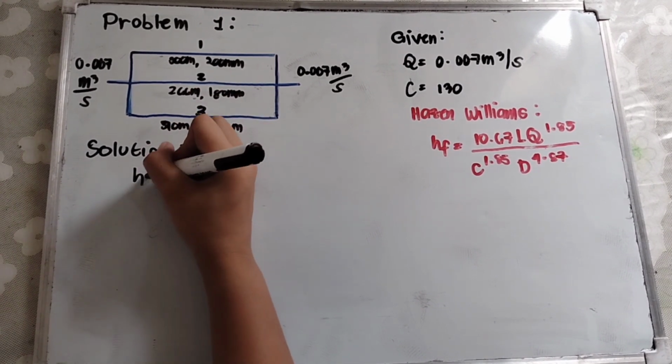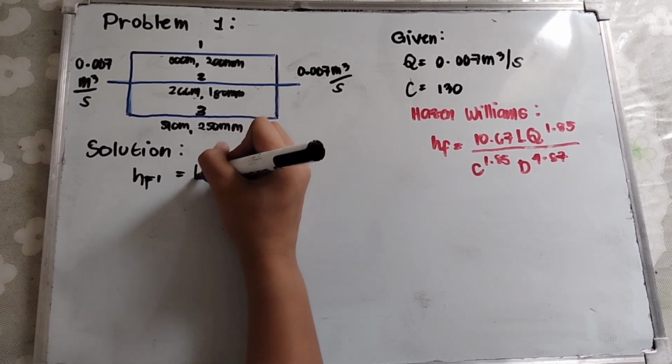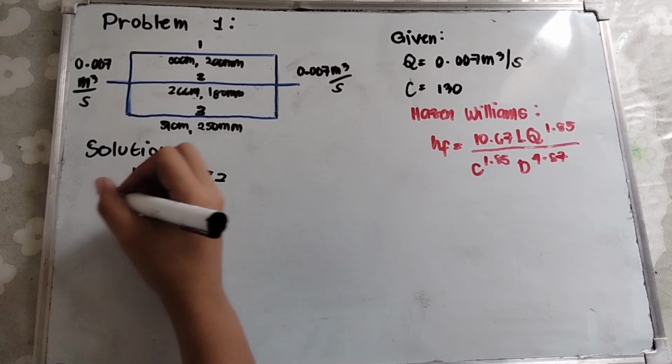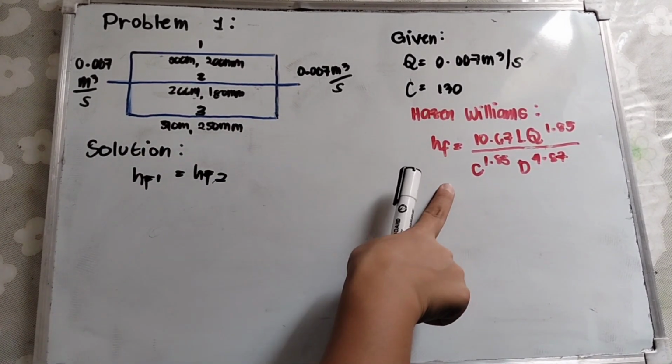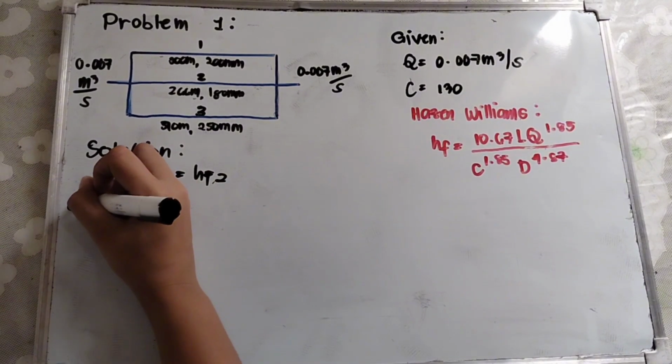To solve this problem, we still need to use the same concept, in which the head loss at pipe 1 is equal to the head loss at pipe 2.